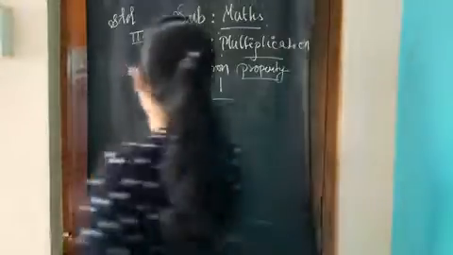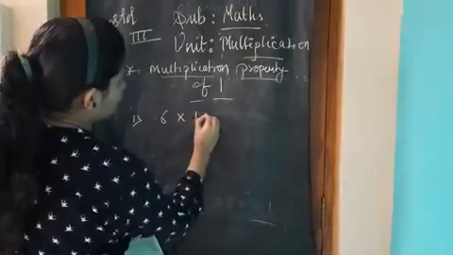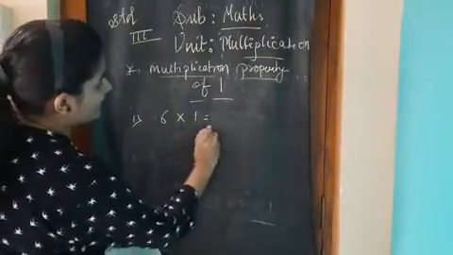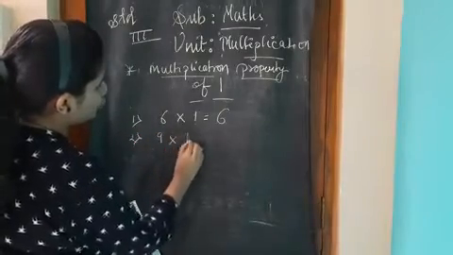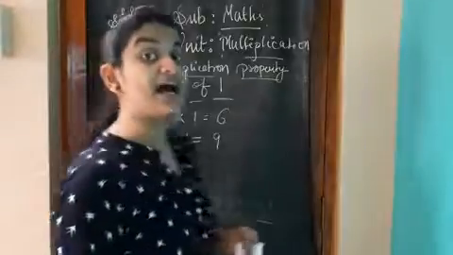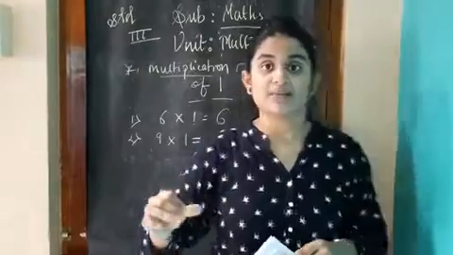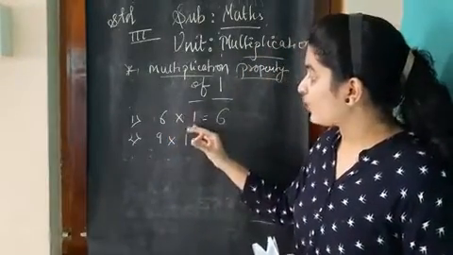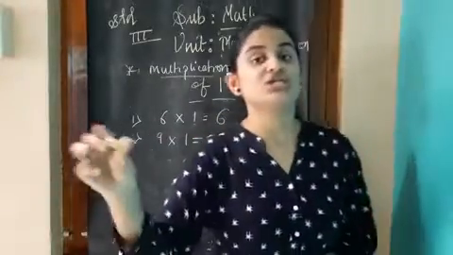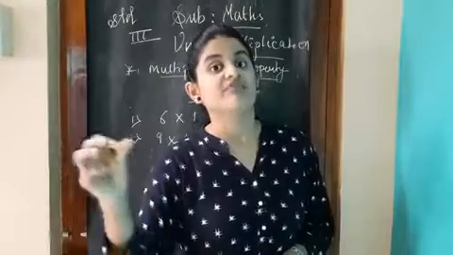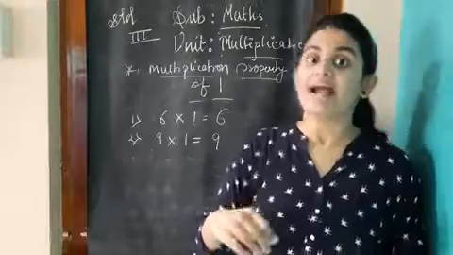Yes. For example, let us see 6 into 1. इसका जवाब आएगा 6 ही. 9 into 1, इसका जवाब भी आएगा 9. In this property, whenever a number is multiplied with 1, the answer will be the number itself. मतलब जब भी हम कोई नंबर 1 से मल्टीप्लाई करते हैं तो हमारा आंसर वह नंबर आएगा.